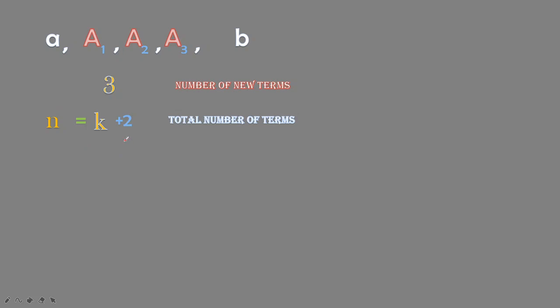The total number of all the terms is n, and the number of new terms that we are inserting in between is k. And this is our formula to find d.